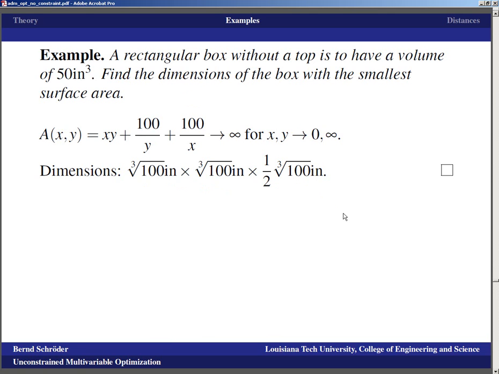I didn't work out what the decimals for that are, because if you multiply it out like this, you see very easily that the volume really is 50 cubic inches, and you also see really easily that this thing must have a square base, and then this last part here shows that the height is actually half of the width of that square base.